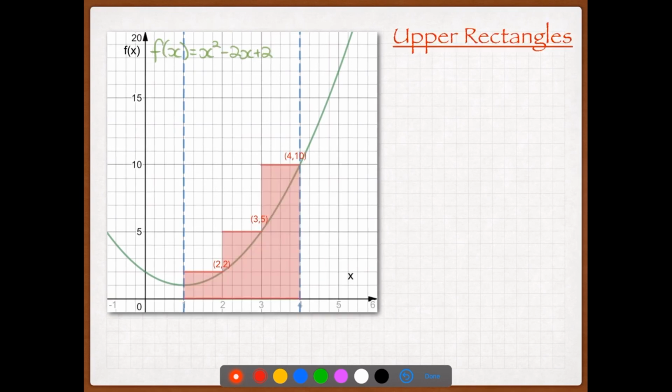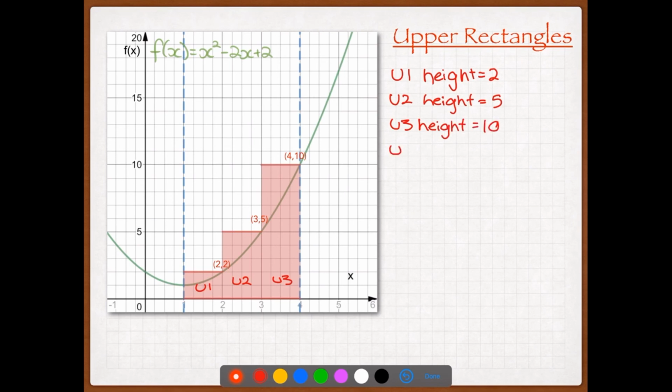Then we again need to find out what their areas are. I'm going to call them U1, U2, and U3 again here. We know their heights that we found before. U1 height is 2, U2 height is 5, and U3 height is equal to 10.